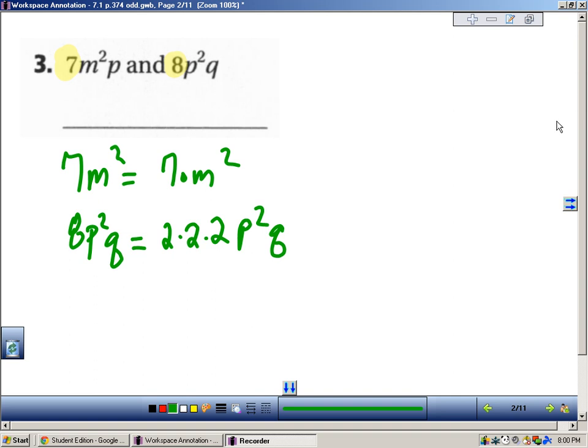So the coefficients don't have anything in common. 7, 2, and 2, nothing in common. But now the variables. We have m squared and p. I forgot the p.